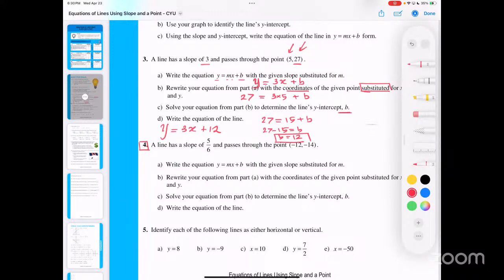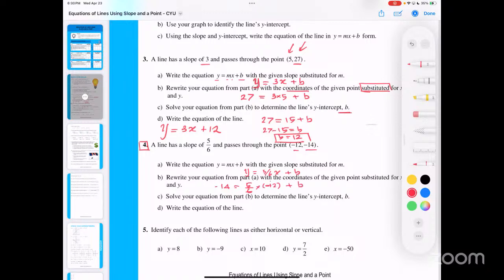Nishal, let's see how's the progress. Okay. All right. So it's the same question. So rewrite the equation y is equal to 5/6x plus b. Now, the point gives minus 14 is equal to 5/6 times x, which is negative 12, plus b.